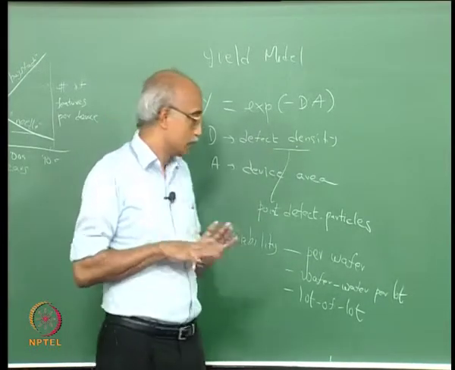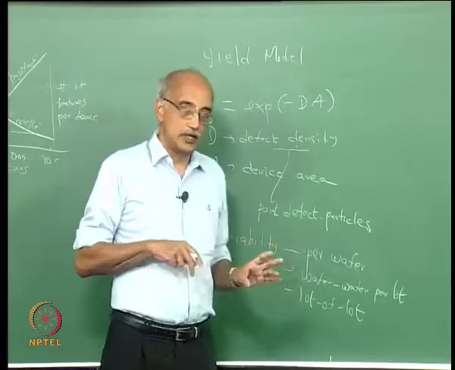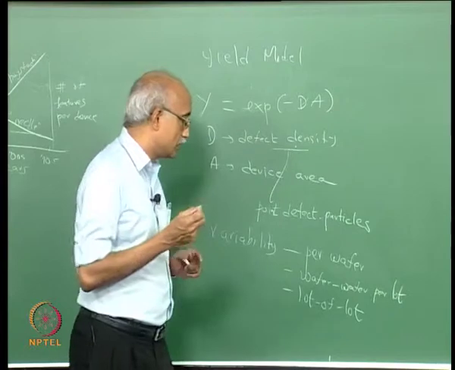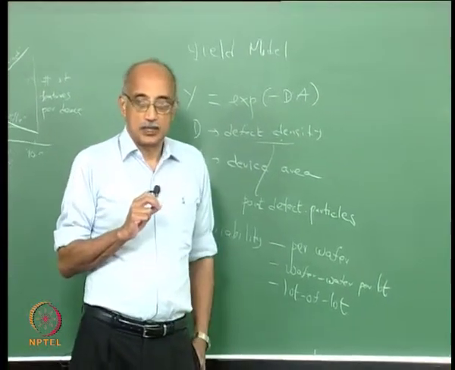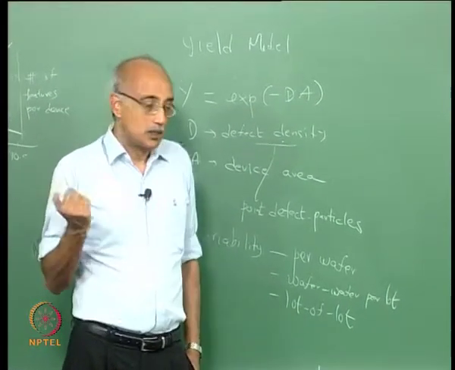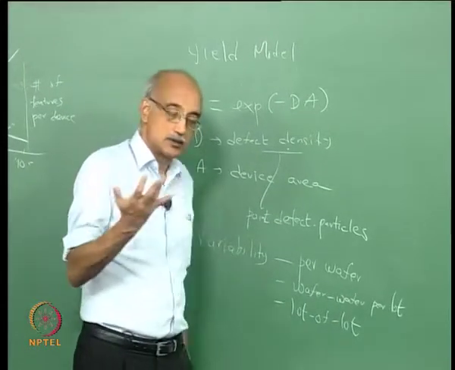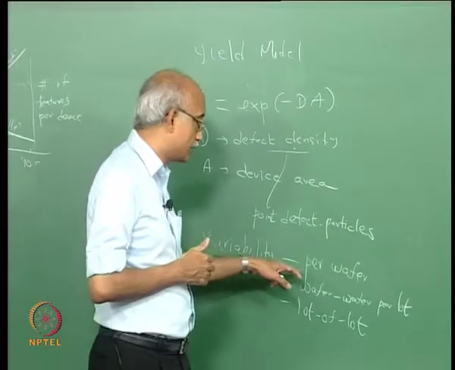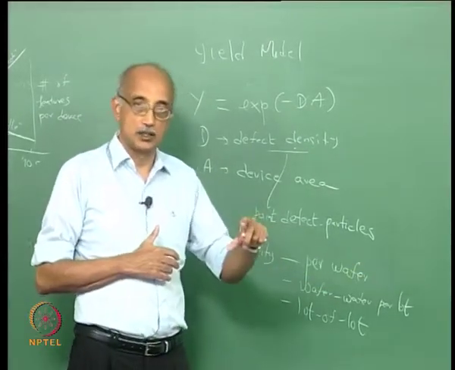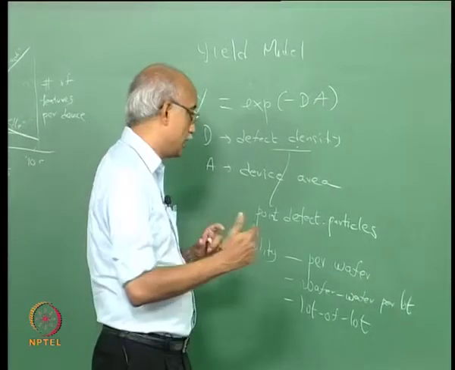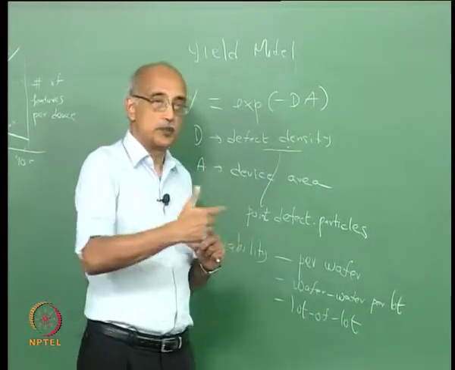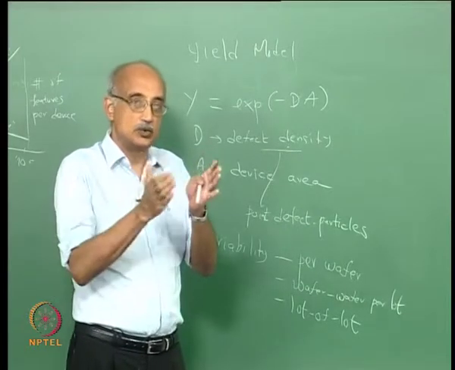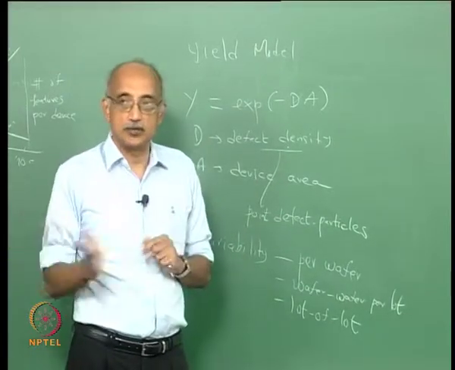The variability per wafer would say that virtually every wafer is at risk, because every wafer has locations of high defects and low defects, whereas if the wafers are uniform within a lot and the variability is only from wafer to wafer per lot, then you can at least screen them. You can screen out the good wafers, keep them aside and throw away the bad wafers.